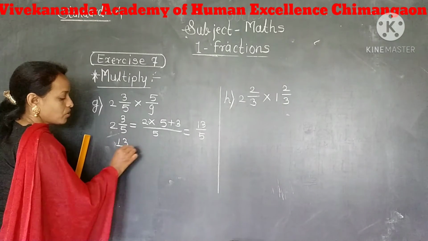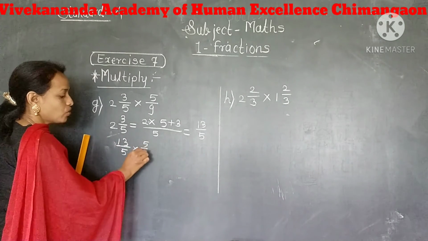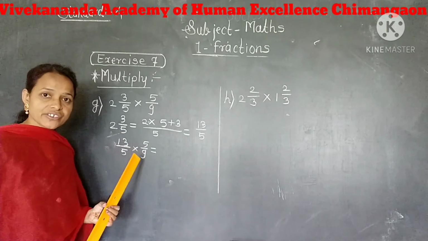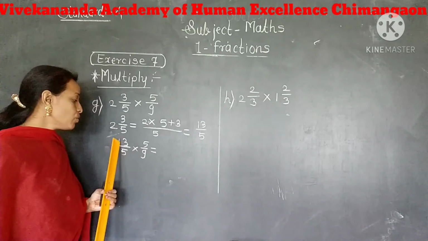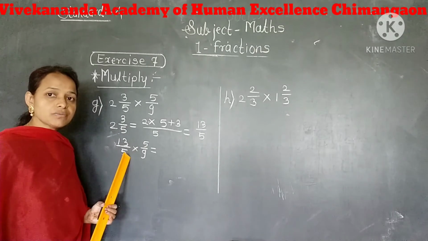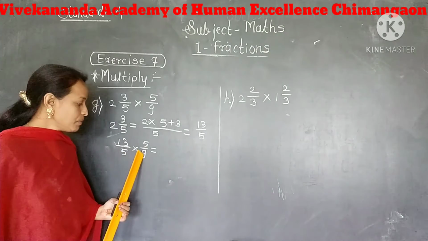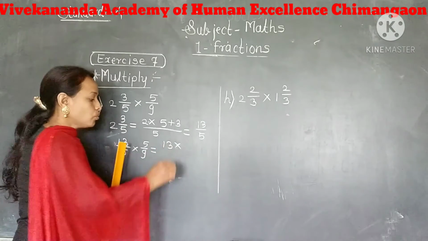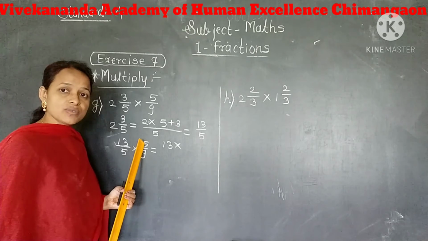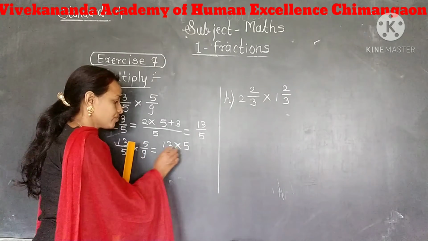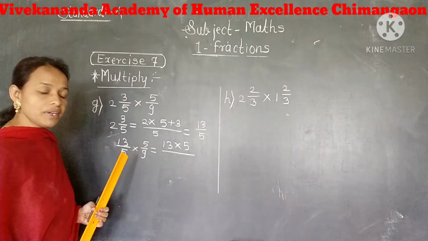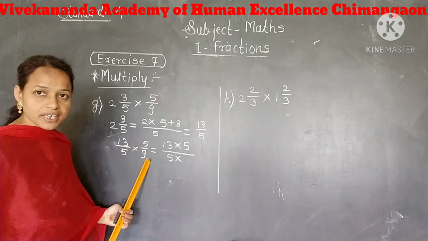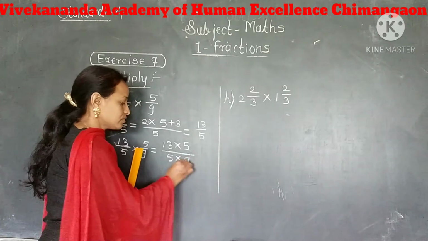So 13/5 into 5/9. Now here we have to find the product of fractions. So we find the product of their numerators as well as the product of their denominators. So we multiply the numerator of the first fraction 13 with the numerator of the second fraction 5, upon the denominator of the first fraction 5 with the denominator of the second fraction 9.